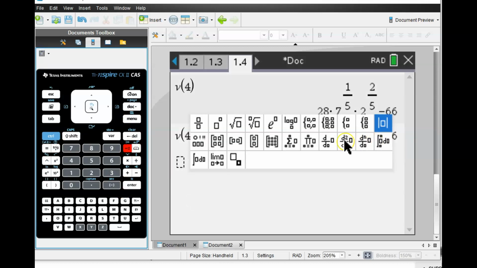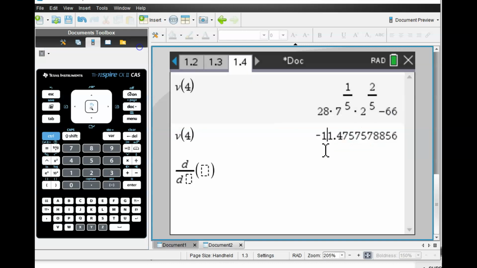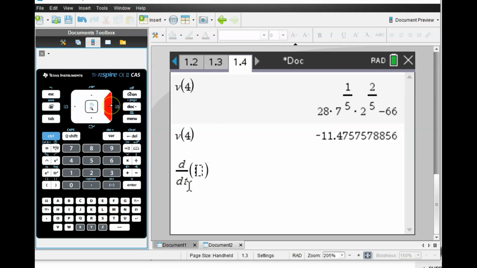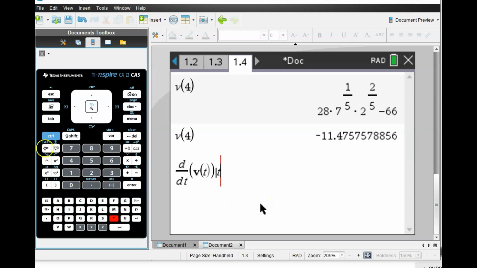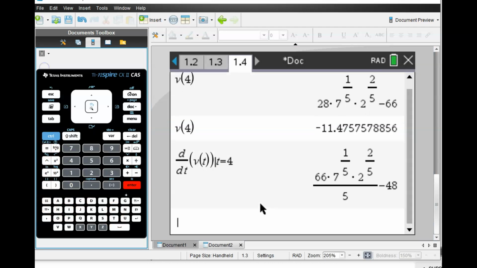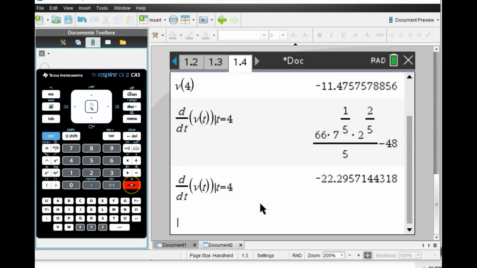The acceleration is the derivative of velocity with respect to t, since we stored v of t earlier. And again, we don't care what the expression is for the acceleration. We want to know what the value is at a specific time. So we're evaluating it at t equals 4. Doesn't that look pretty?